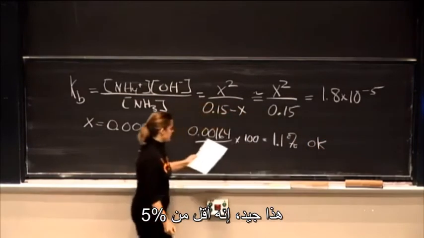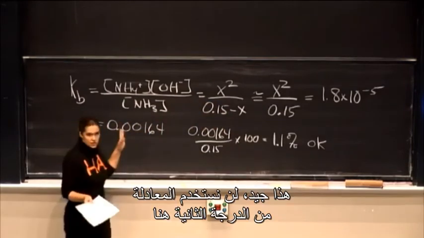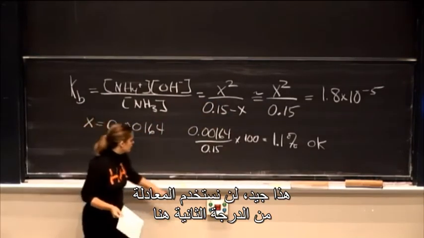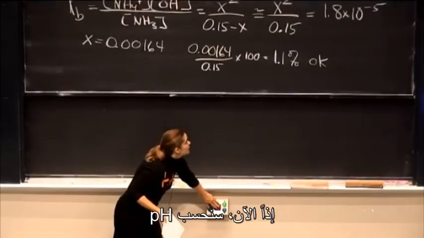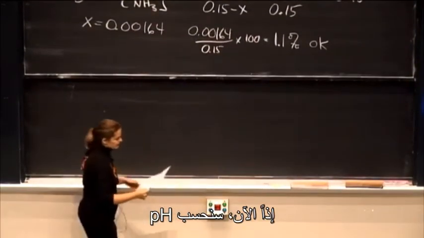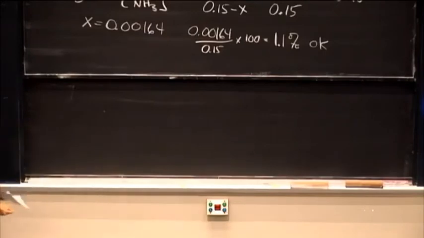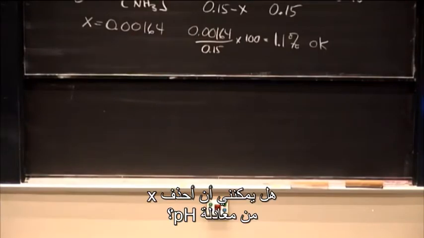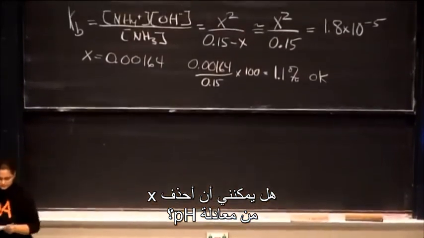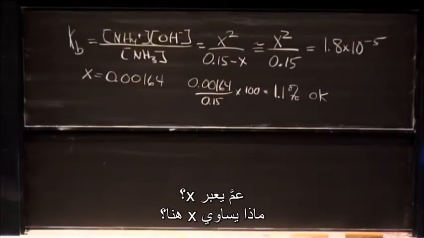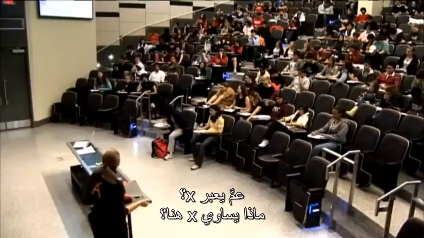That's less than 5%, so we don't have to use the quadratic equation here. Now we want to calculate the pH. Can I just plug that number for x into my pH equation? What is x equal to here?